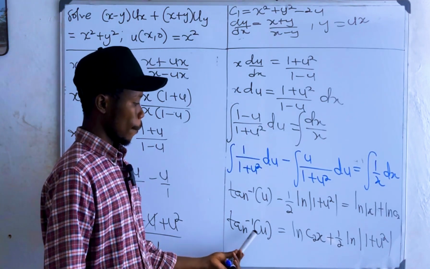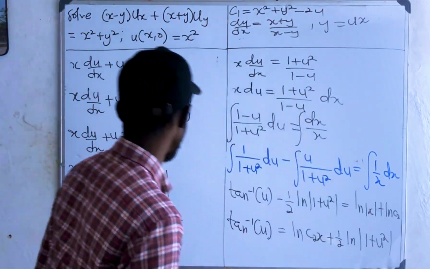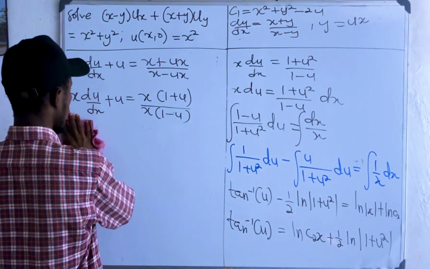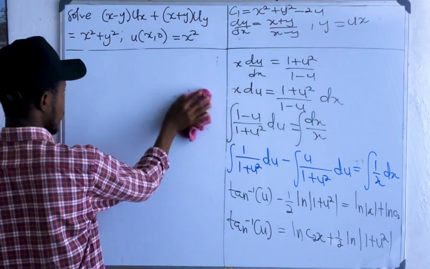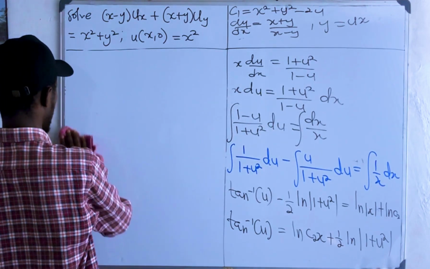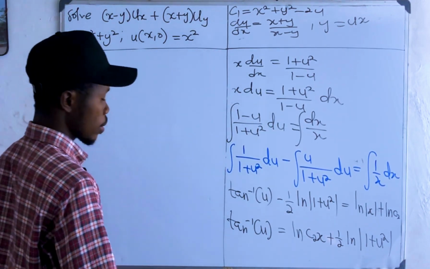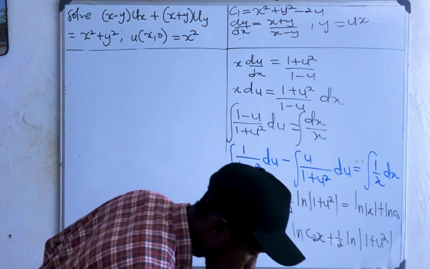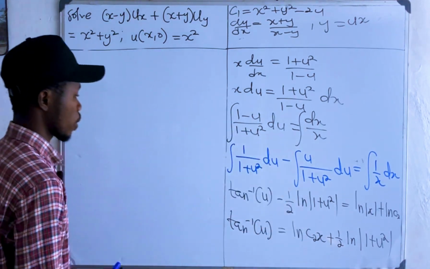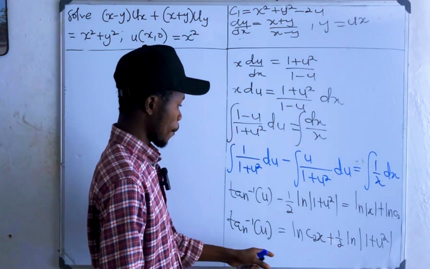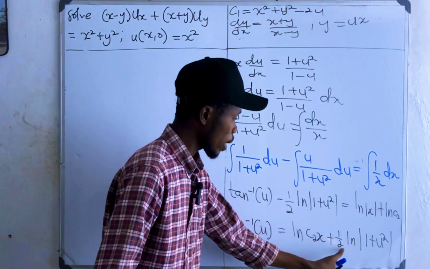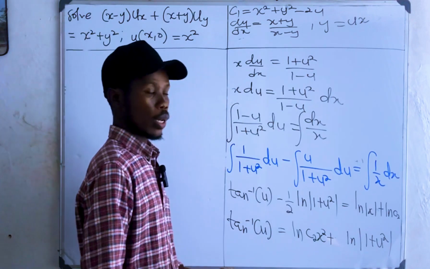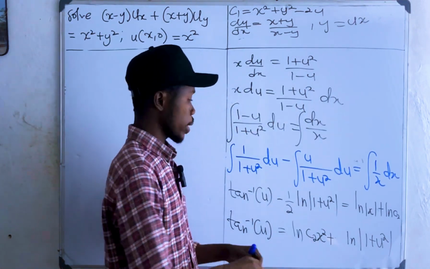So this half, let me bring the half here as the square, so that it will become a square here.